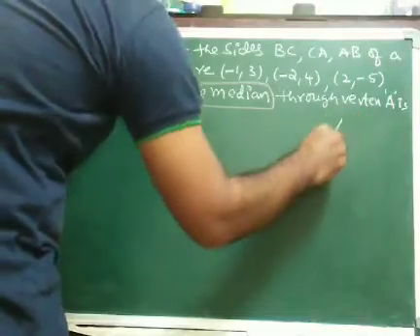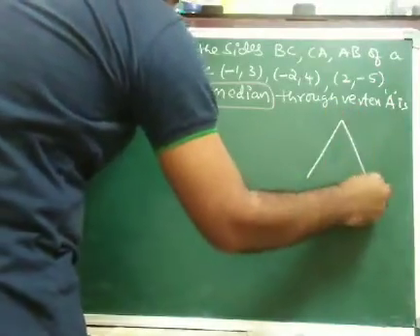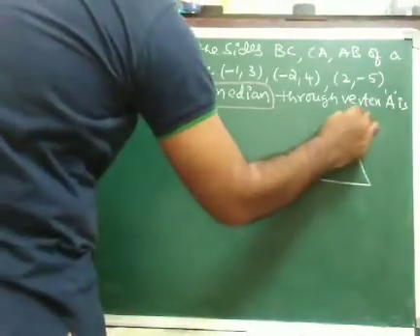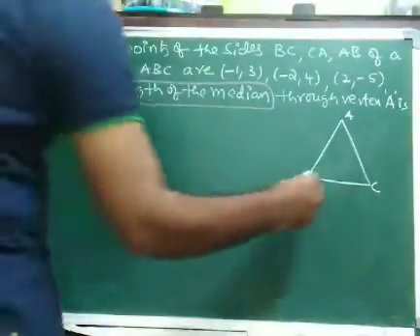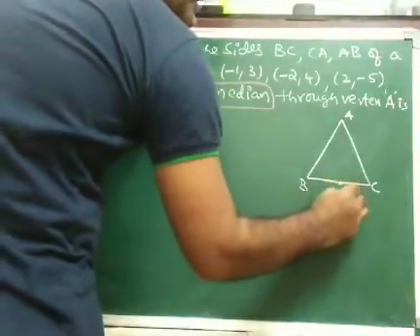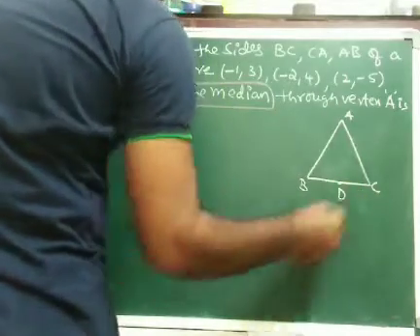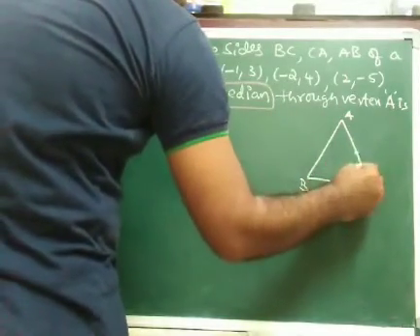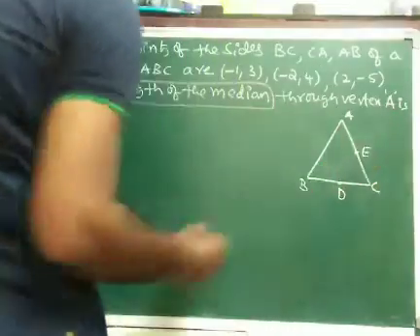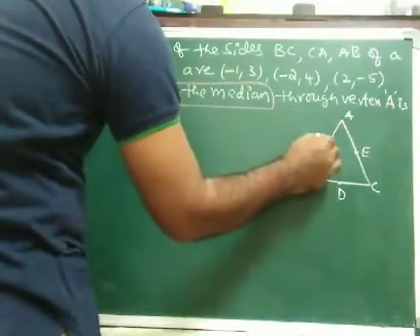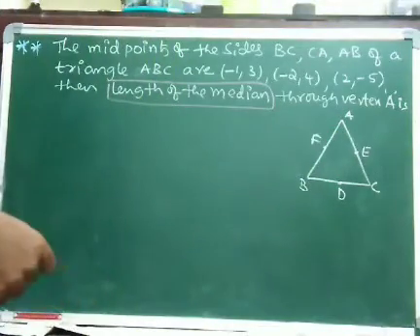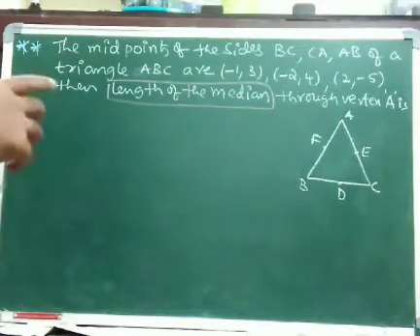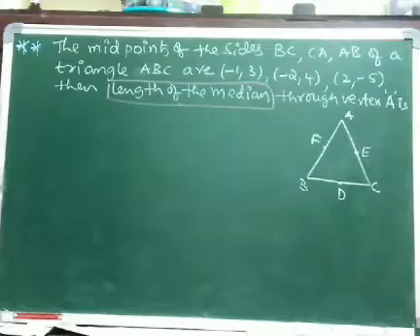So look at this diagram everybody, and once try to remember the concept of median. If ABC is a triangle and say the midpoint of BC is D and the midpoint of AC is capital E, and similarly the midpoint of AB is capital F. Okay, D, E, F are the midpoints.